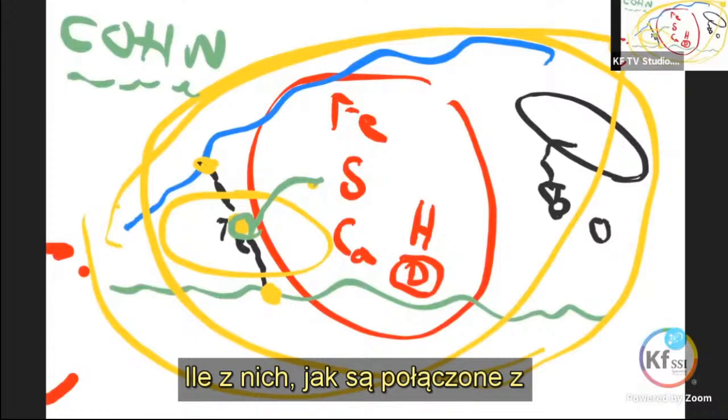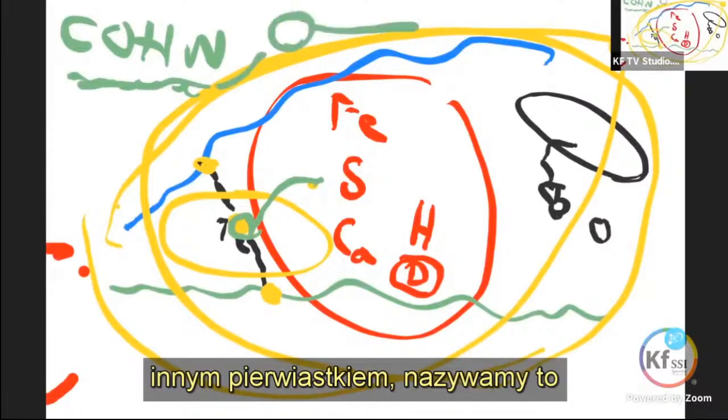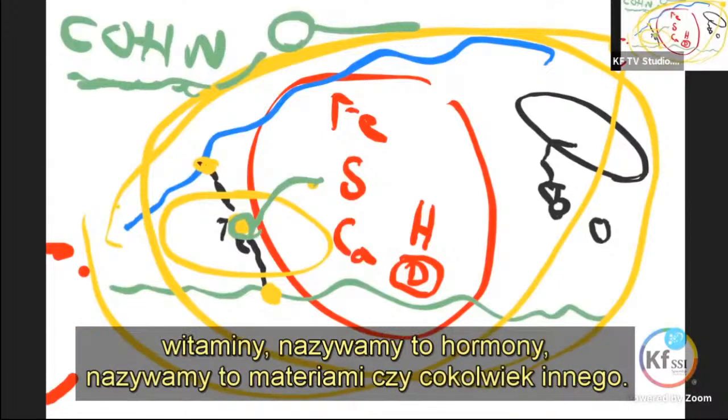How many of it, how they are connected to another element, we call it vitamins, we call it hormones, we call it matters or whatever.